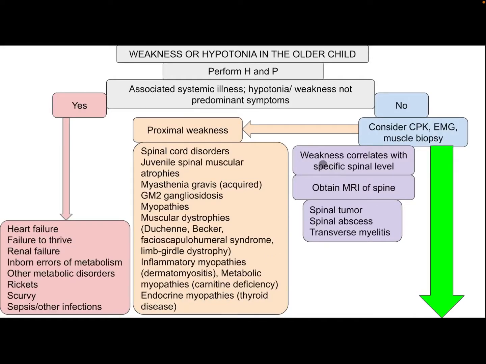If the weakness correlates with a specific spinal level, obtain MRI of the spine. Differential diagnosis: spinal tumor, spinal abscess, and transverse myelitis.